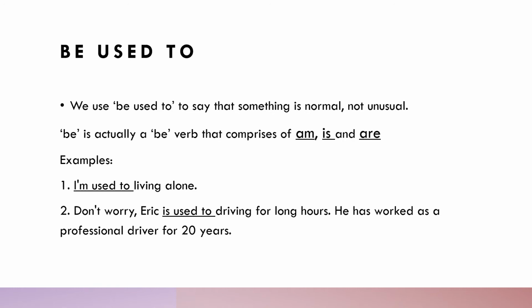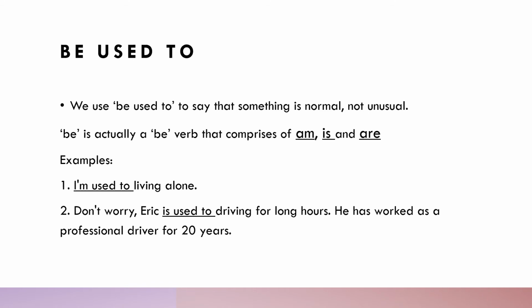The word is is the be verb, followed by used to. Then after the word to, the verb immediately after to must have ing. So here, Eric is used to driving. They must have ing. So this is very important for you to take note.